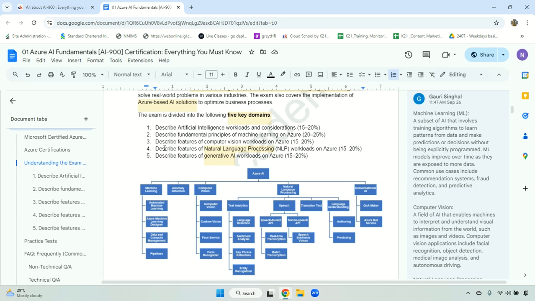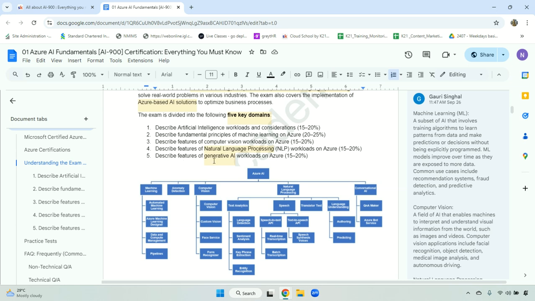Then third is describing features of computer vision workloads on Azure, again 15 to 20% weightage. Fourth is describing the features of natural language processing, that is NLP workloads on Azure, and it has again 15 to 20% weightage.